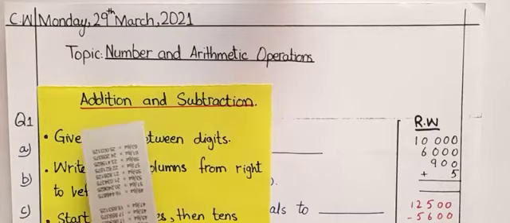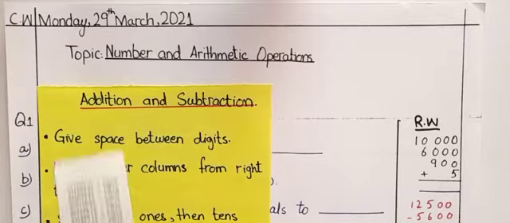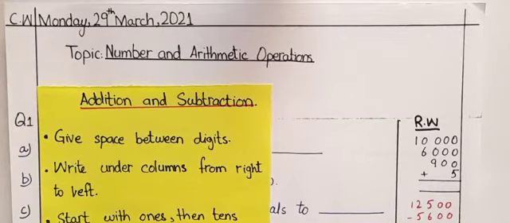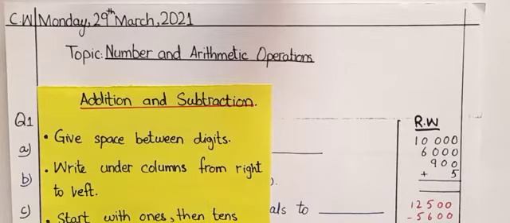Okay? And in class 3, class 2 and class 1, you know addition means to add, to sum things, to plus. Subtraction means to minus, subtract, and to find out the difference. So what are some rules to do addition and subtraction of big digits?